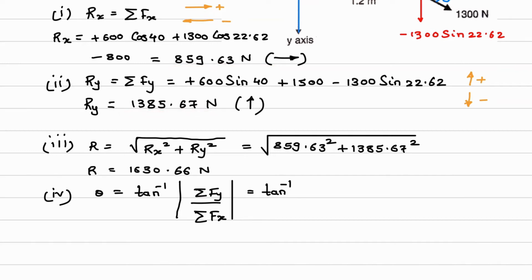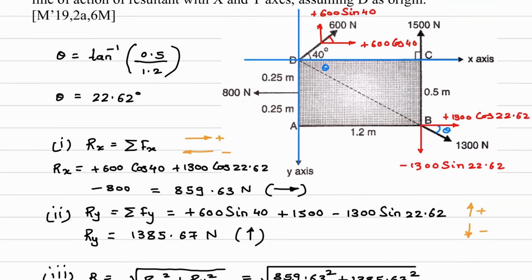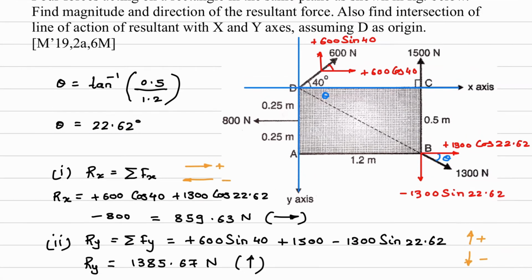We have to take positive values. 1385.67 divided by 859.63. So from here we will get theta, which is equal to 58.19 degree.